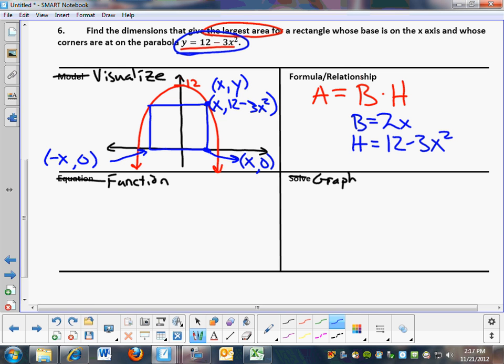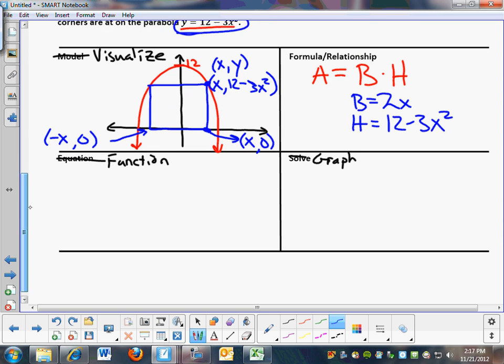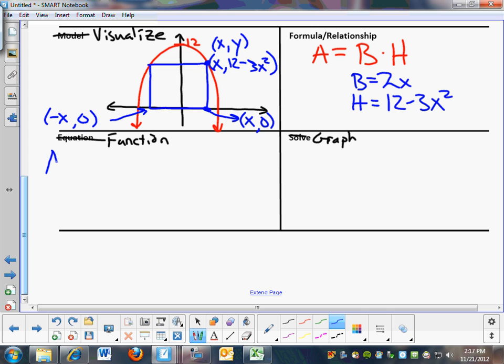Do we now have enough information to write a function for area? Yes. So the function says the area in terms of what's my variable? A of x is equal to my base, which is 2x, times my height, which is 12 minus 3x squared.